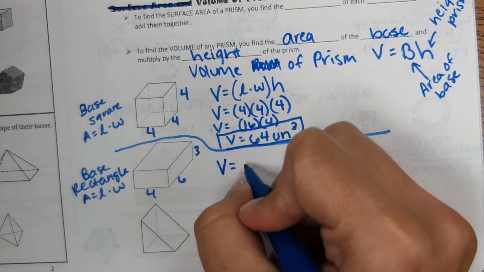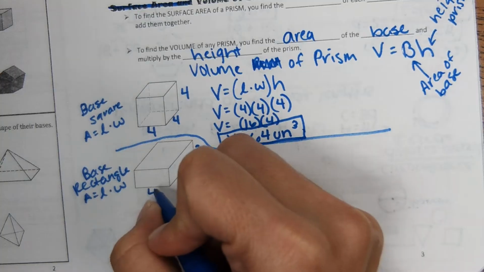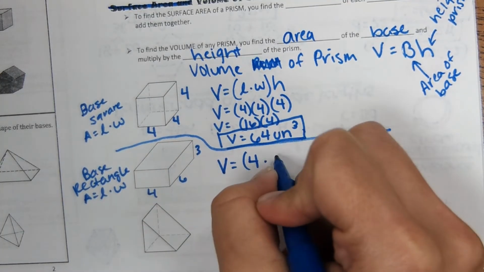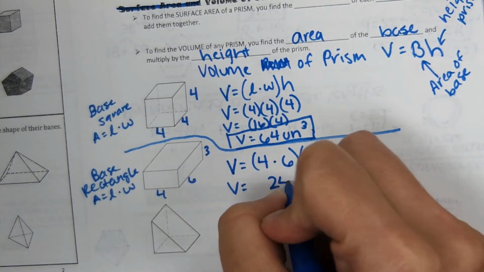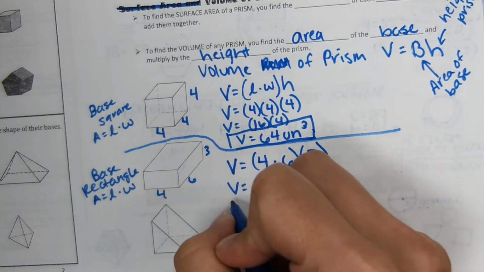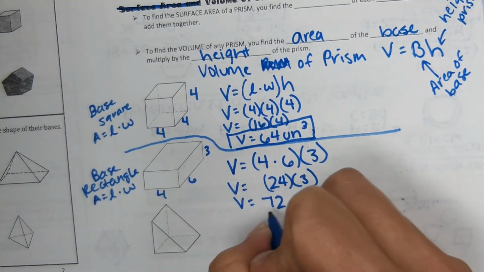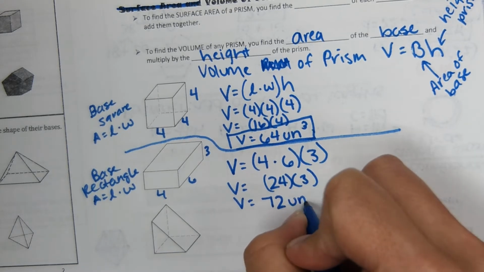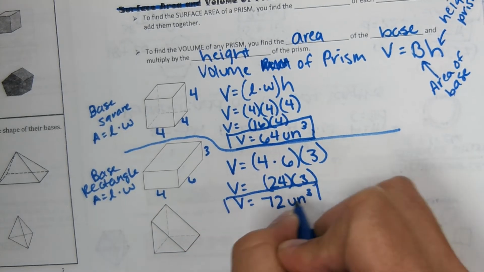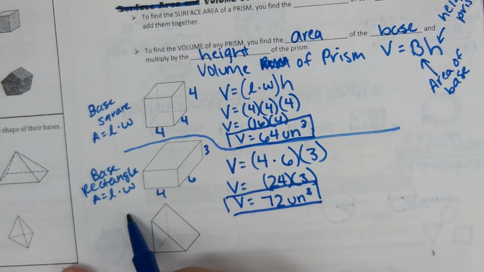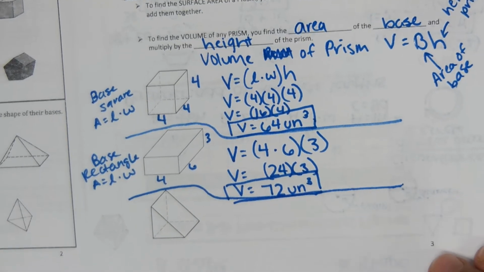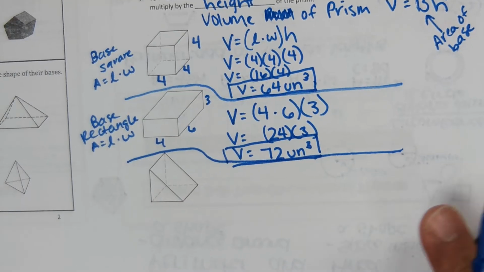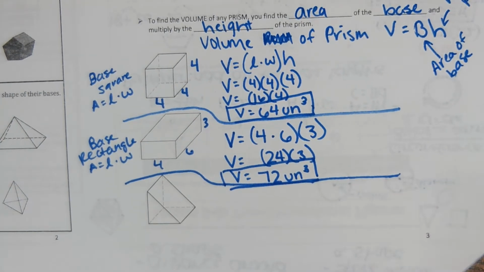So the volume equals 4 times 6 times the height, which is 3. 24 times 3 is 72 units cubed. Okay, then, sorry, I don't want to go too fast.